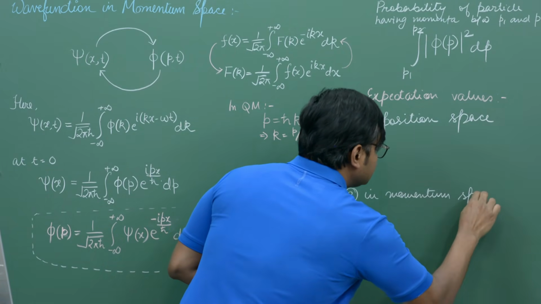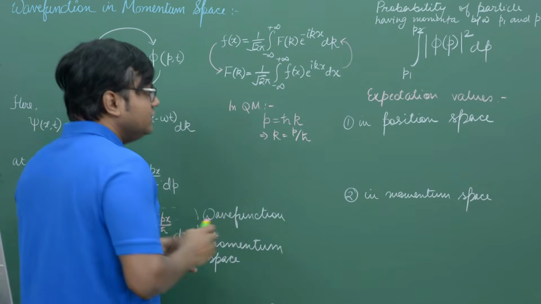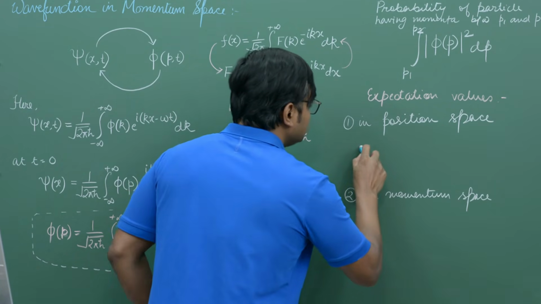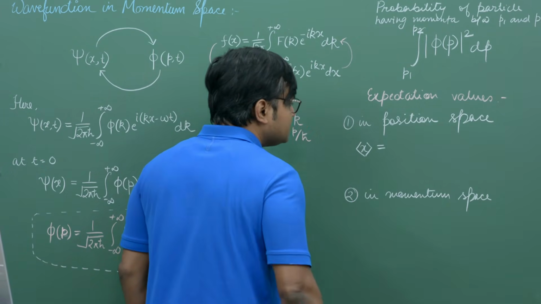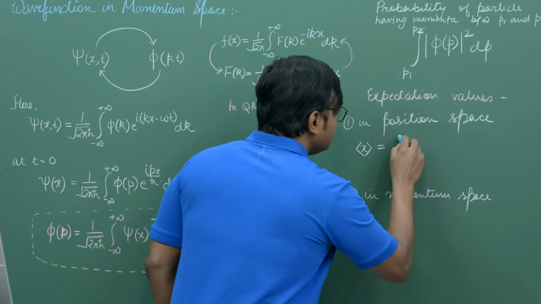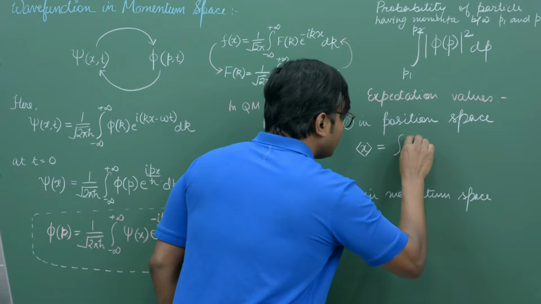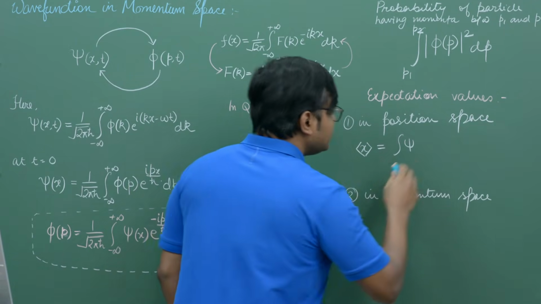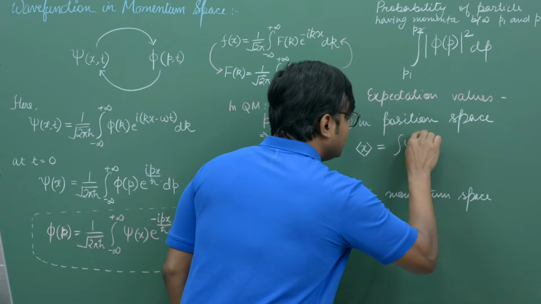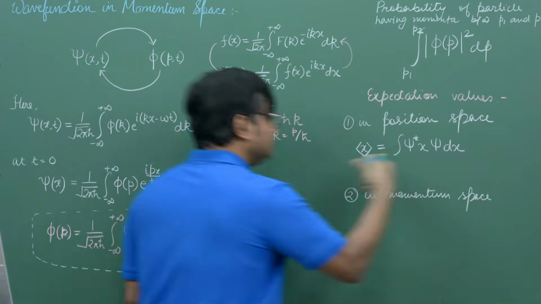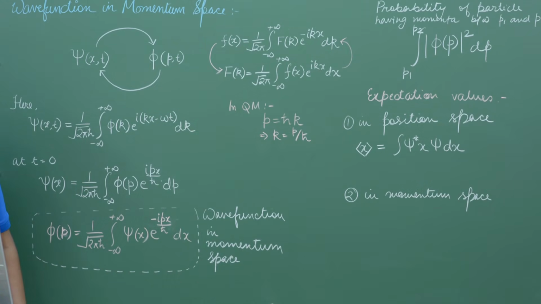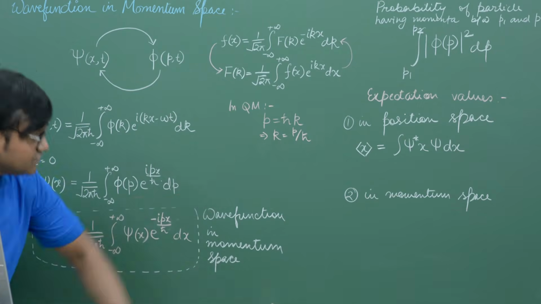Okay. So in position space, if I wanted to find out the expectation value of, let's suppose, position itself, do you remember what is its expression? Its expression is usually the integral of the wave function in position space, psi complex conjugate, x, psi dx. That was the expectation value of position in position space.